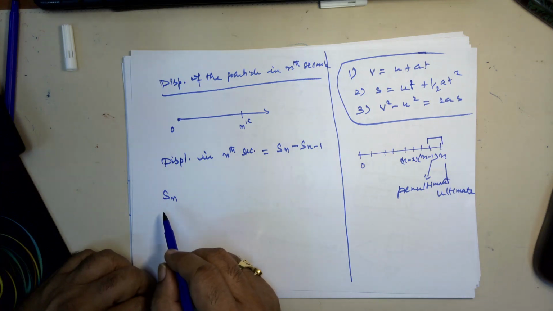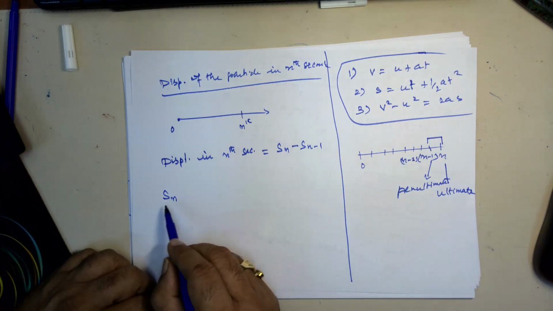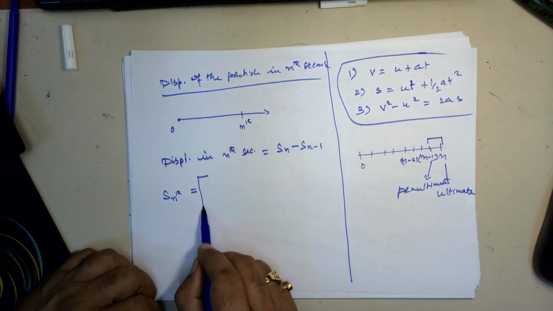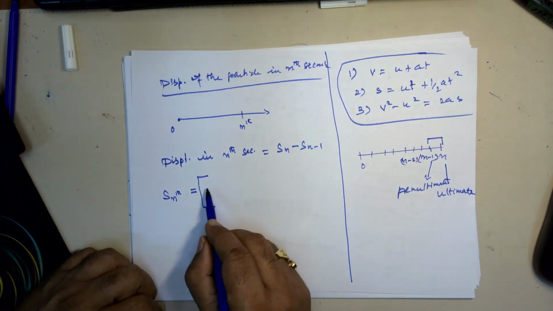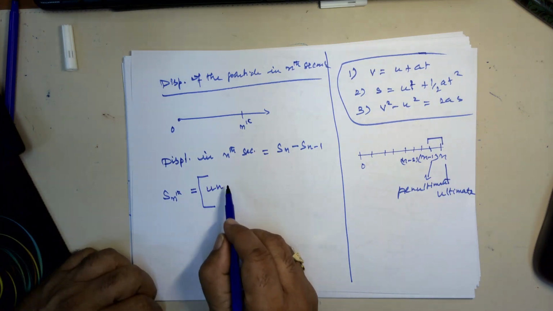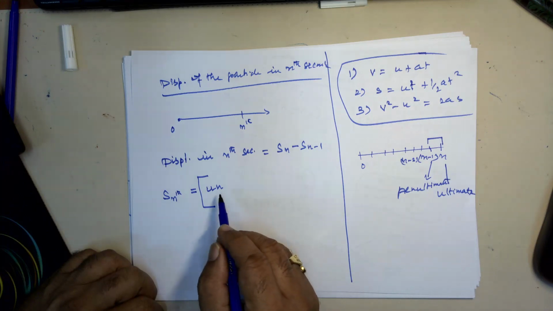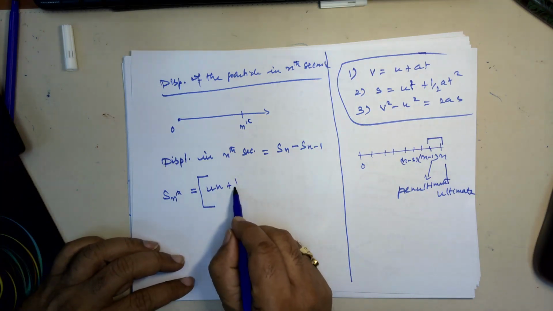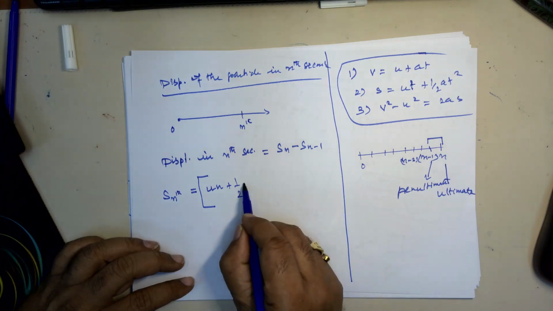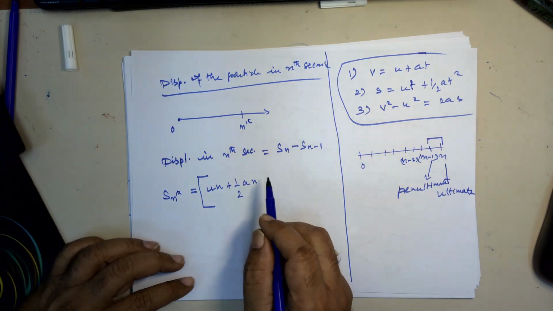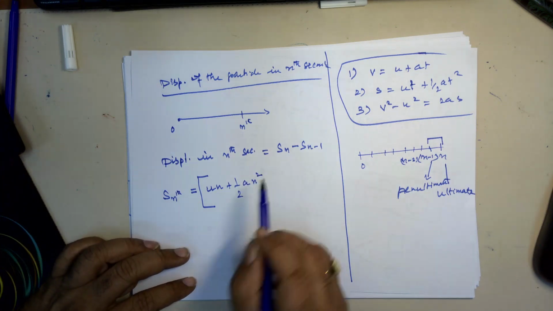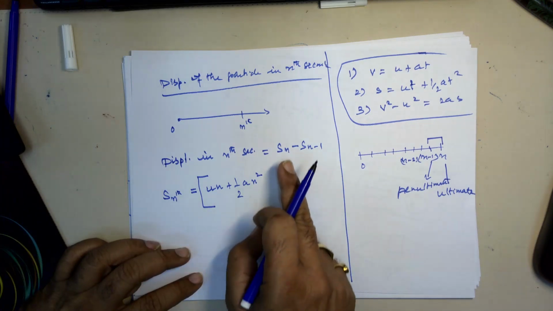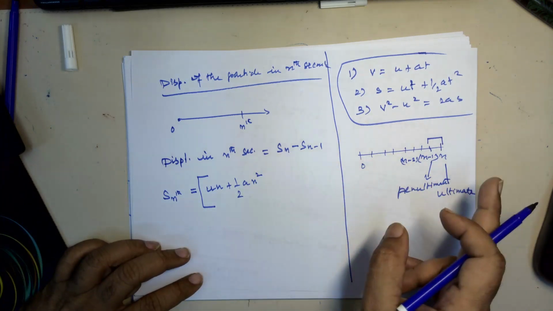So we have Sn. What is that? Sn is given by, take down, un plus half an squared. Instead of ut, you can put un, and instead of half at squared, you can put half a n squared. We have already got that formula, x is equal to ut plus half at squared.